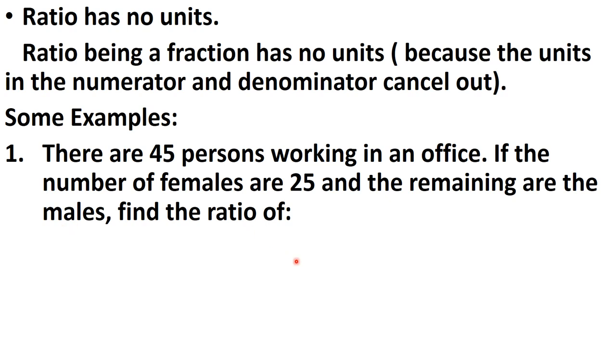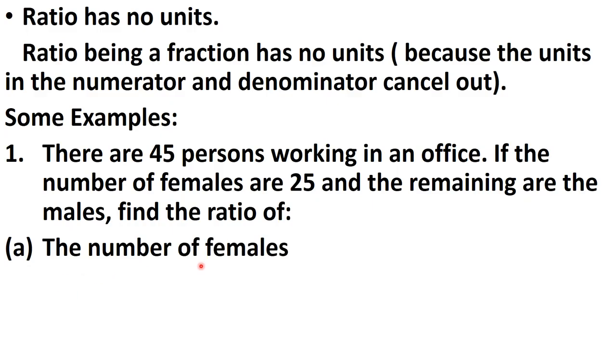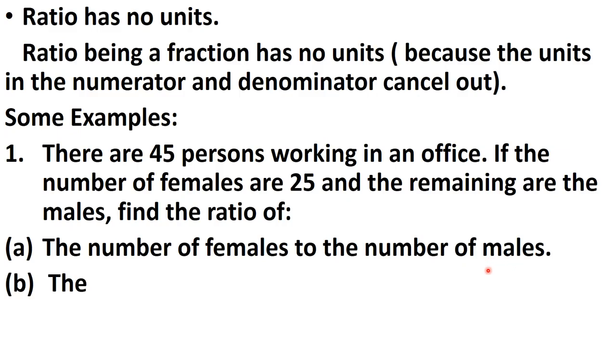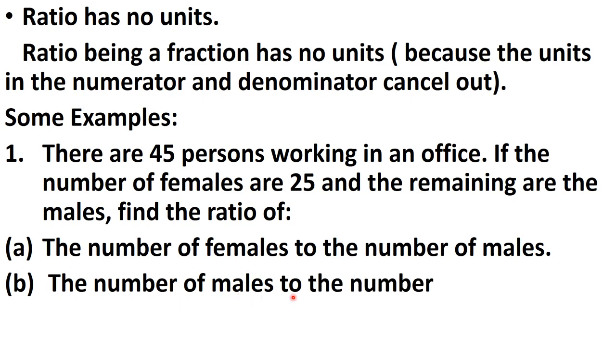You have to find out the ratio of, first, the number of females to the number of males. Second, the number of males to the number of females. These two are different. In part A, number of females is the first term and number of males is the second term.